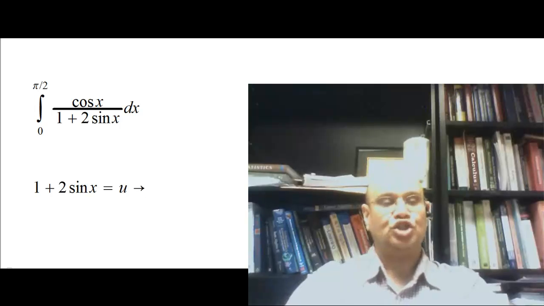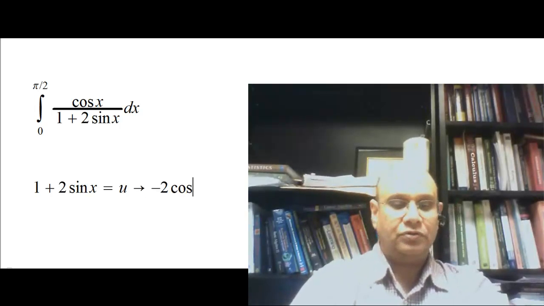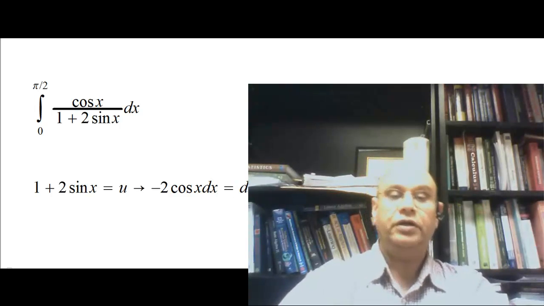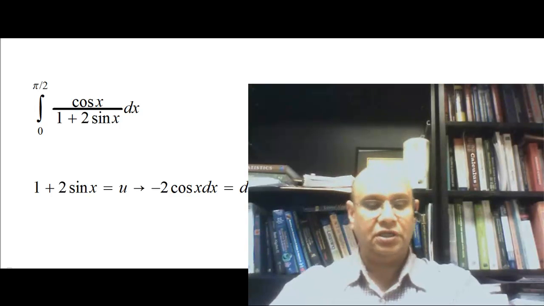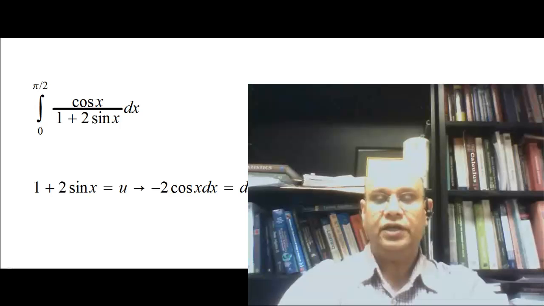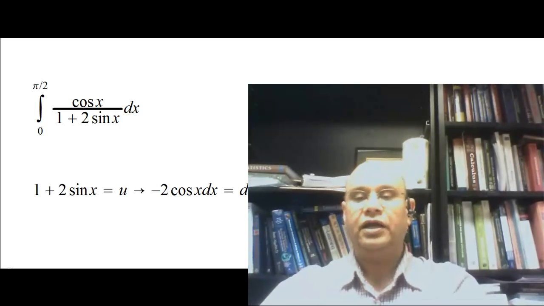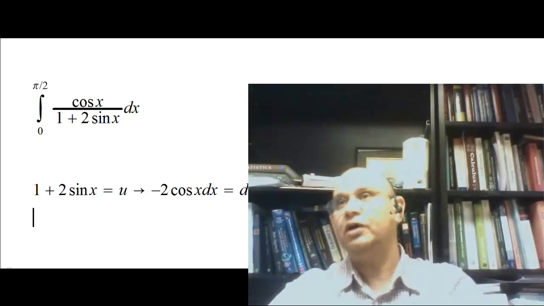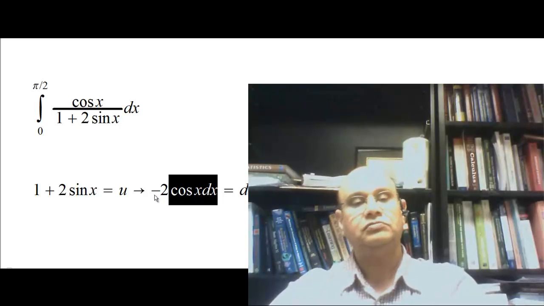As you said, it's negative 2 cosine of x dx, and then we got a du, right? Then we get cosine x dx equals negative 1/2 du. Are we good? Why 1/2? I brought the 2 over here.